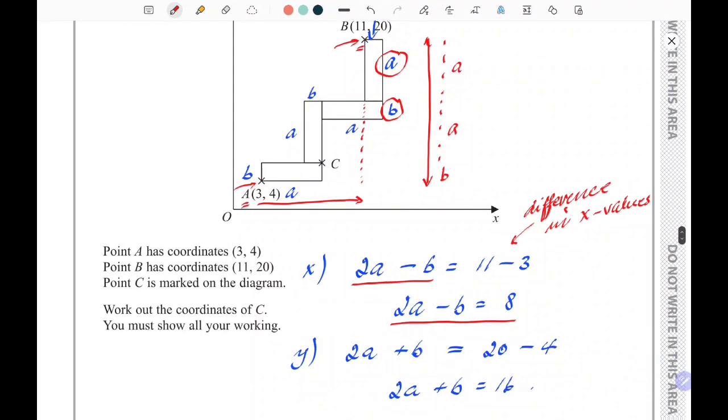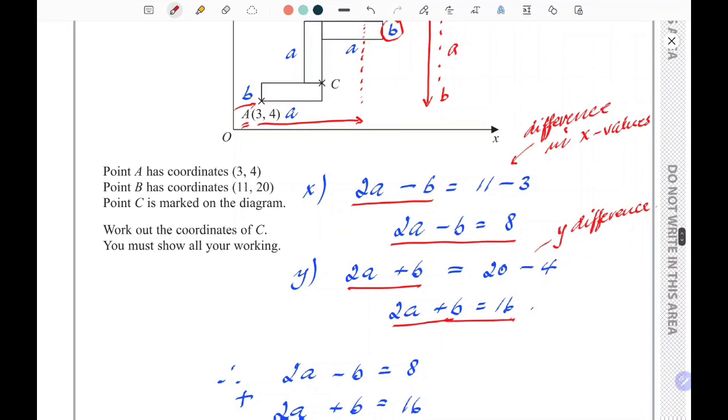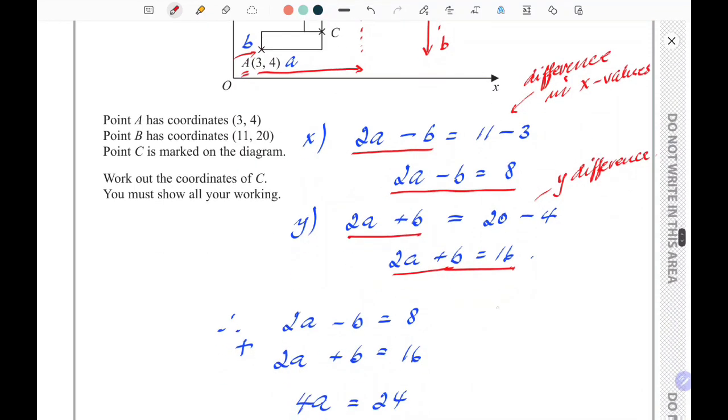So it's 2a plus b must be the y difference. And that's 20 minus 4. So that gives us 2a plus b equals 16. So effectively you've got simultaneous equations.